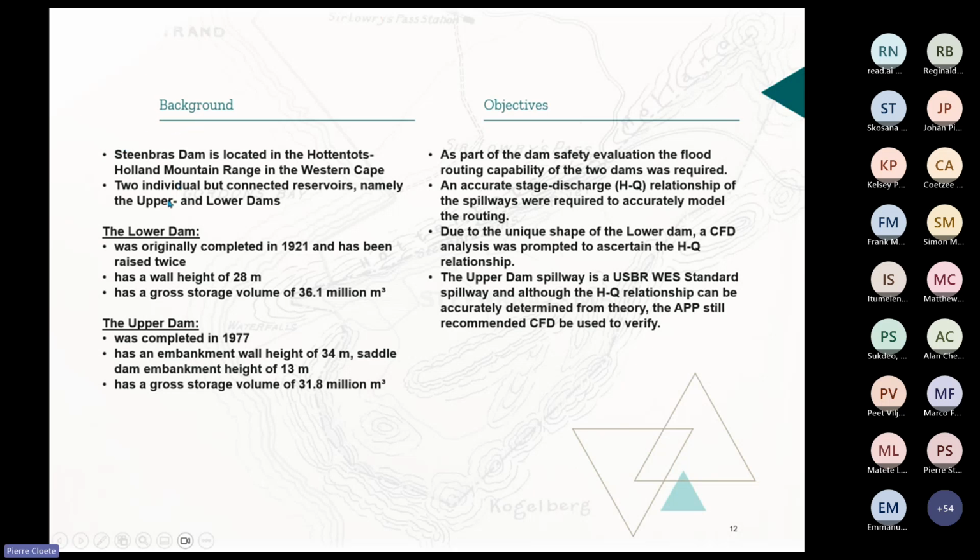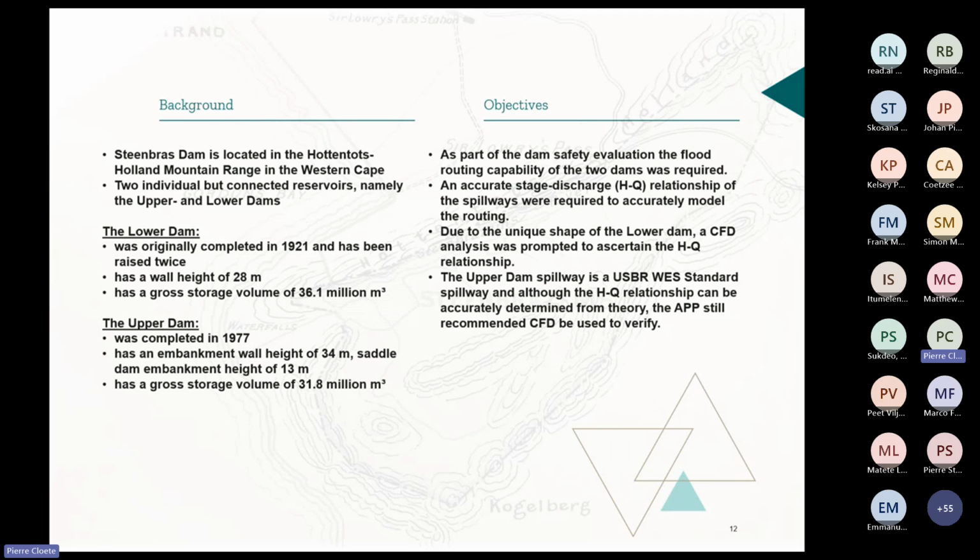The Steenbras Dam, as I mentioned, is two different interconnected reservoirs. The lower dam was originally completed in 1921, so it's been around for 100 plus years. It's got a wall height of approximately 28 meters, and a gross storage volume of about 36 million cubic meters. The upper dam was later constructed and completed in 1977.